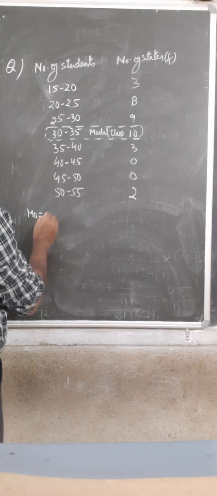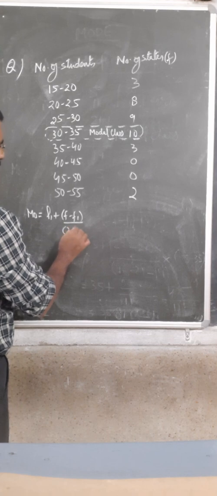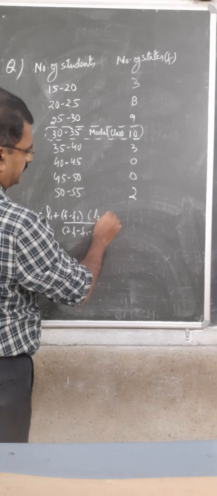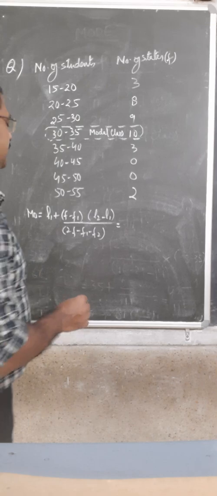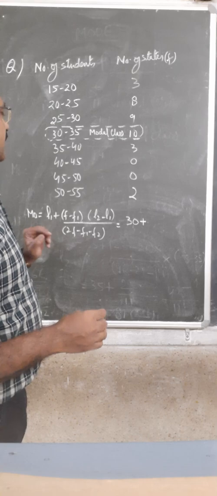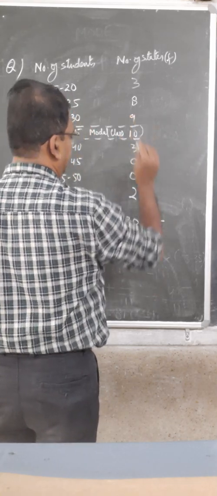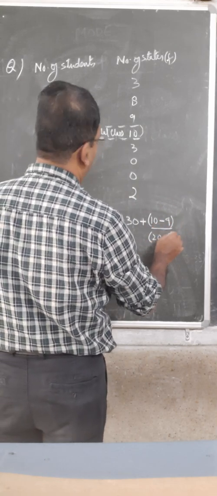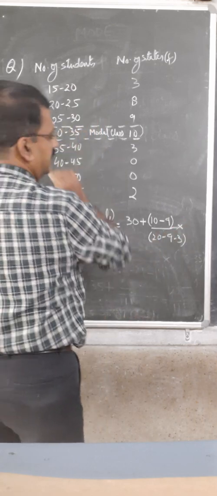You know the formula for mode is L1 plus (F minus F1) upon (2F minus F1 minus F2) into (L2 minus L1). Now L1 is 30, F is 10, so 10 minus 9 upon 2F means 20 minus 9 minus 3, into L2 minus L1, that is 35 minus 30, that is 5.